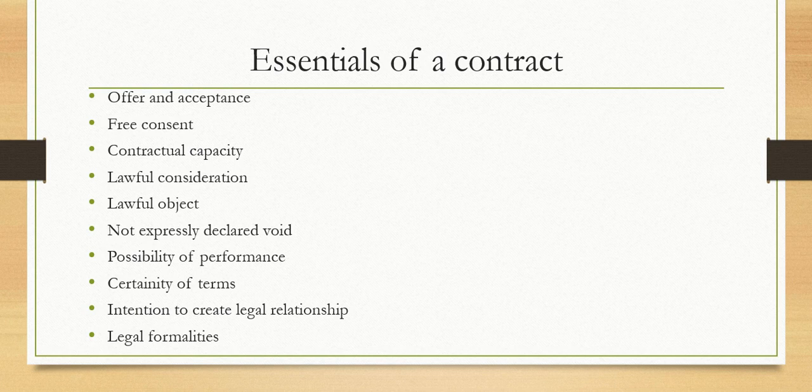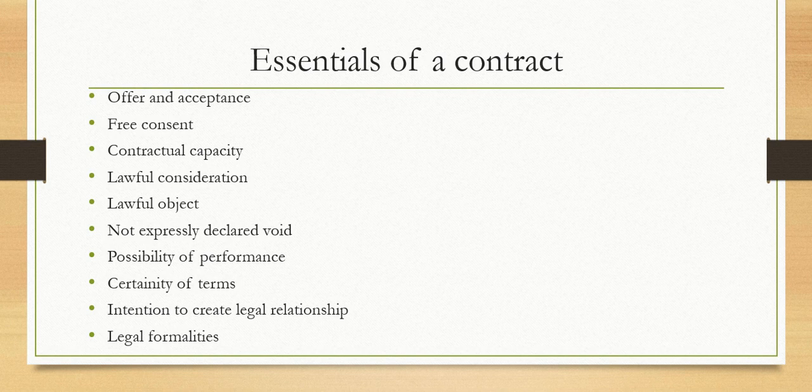For example, if we have an agreement with a foreign country to export or import goods and services, and there is a war between our country and the foreign country, the subsequent enforcement of the contract becomes void and cannot be enforced. So void agreements cannot be enforced by law.